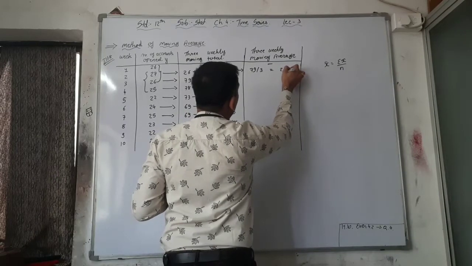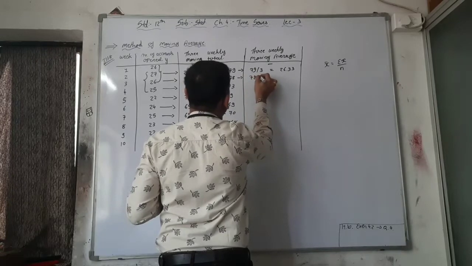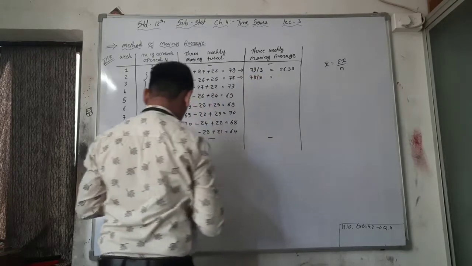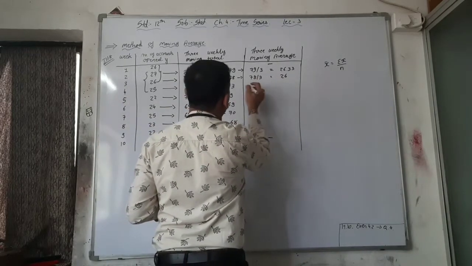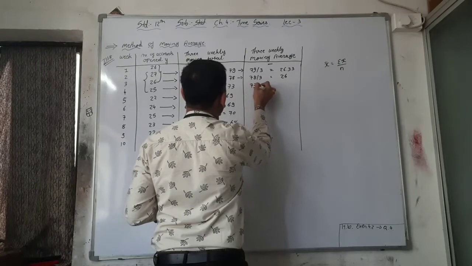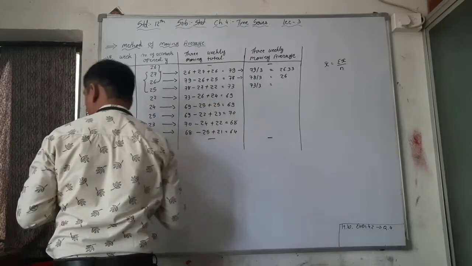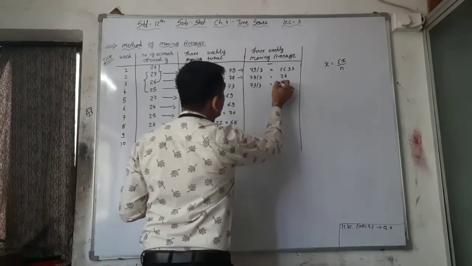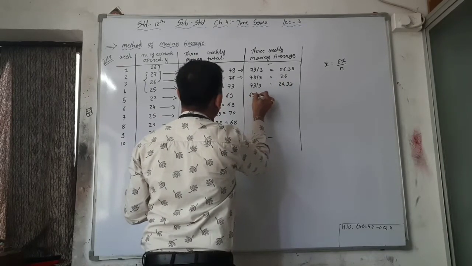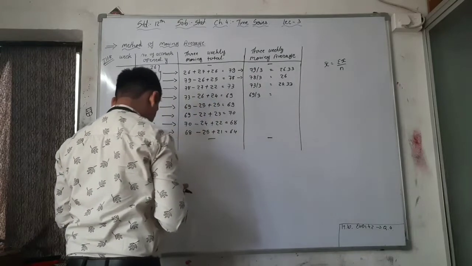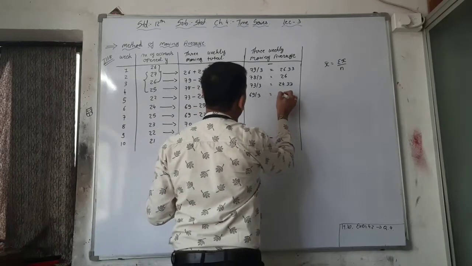26.33. Now here 78 by 3, that is 26. Now 73 by 3, 24.33. Now 69 by 3, 23.